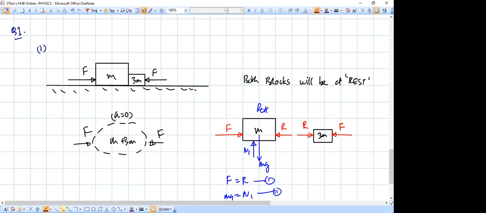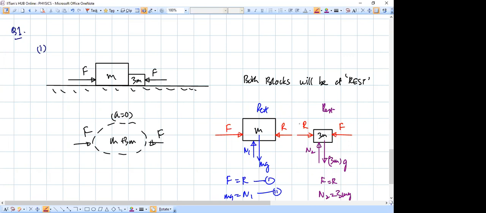So this one's weight vector acting downwards is 3mg. And normal reaction that the ground is applying is like this, and that will also be 3mg in magnitude. So this is also at rest. So you can see again F is equal to R, but this time N2 is equal to 3mg.